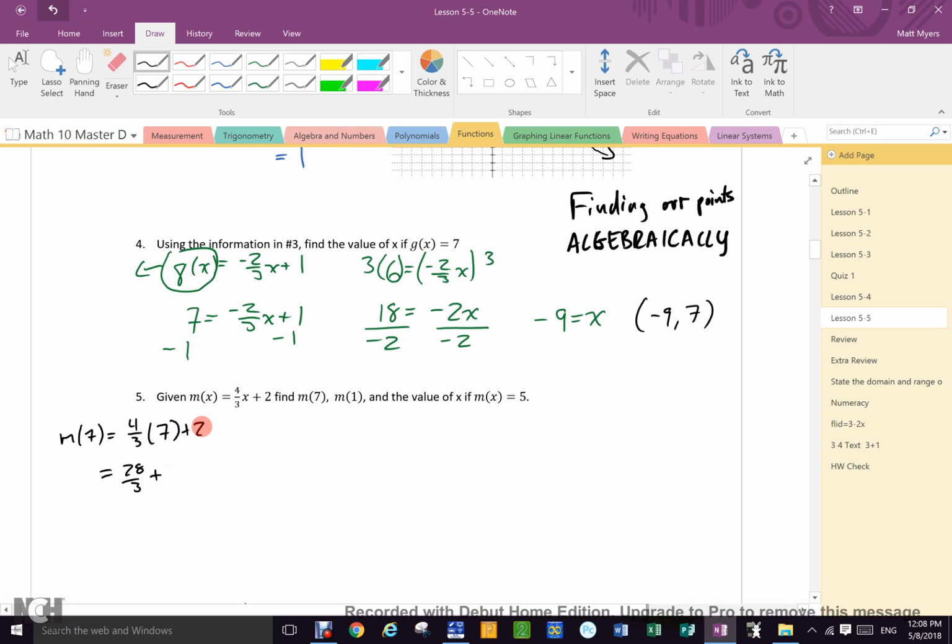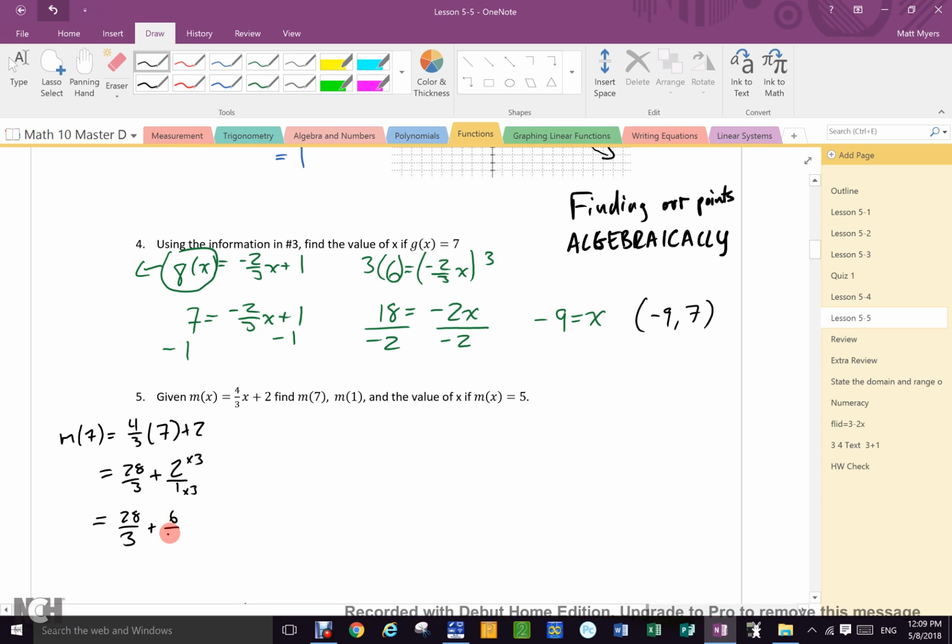Plus 2. But I can't add 2 to this because it's not got the same denominator. What is the denominator that I need here? Right. 28. Actually, no. It's 3. Because this guy is 2 over 1, correct? How do I make that a 3? Multiply by 3, multiply by 3.